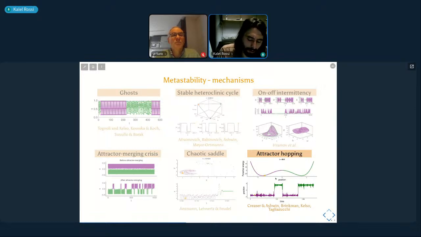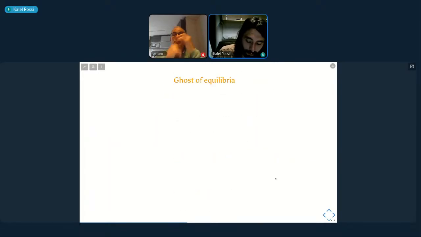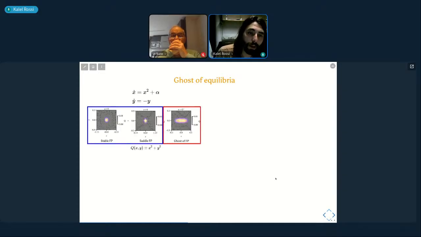And there are, again, many other mechanisms for generating this. But I just wanted to focus on one which is particularly interesting to me and to the group at the moment, which are ghosts of equilibria. A very simple way of generating them is, you have a one-dimensional system where basically the x variable is just a quadratic term.